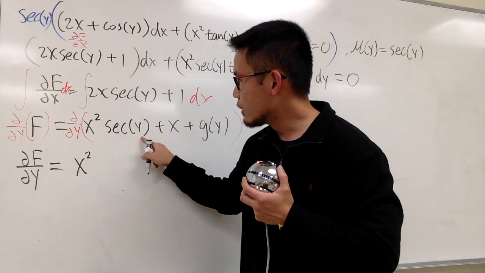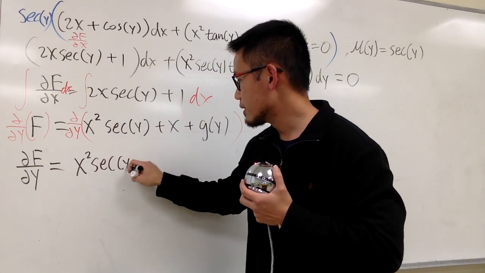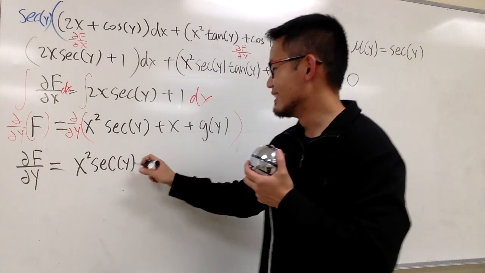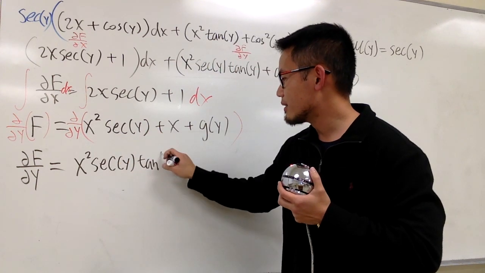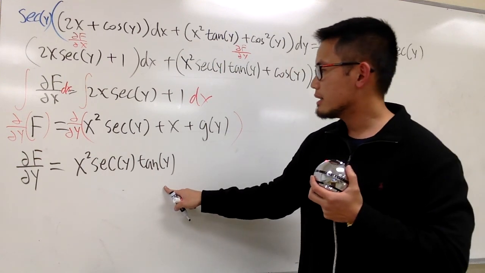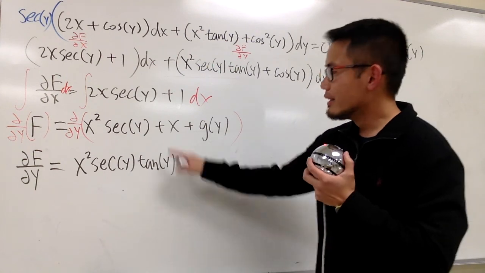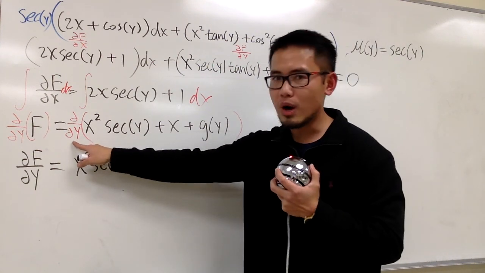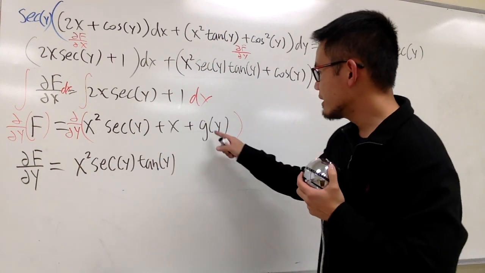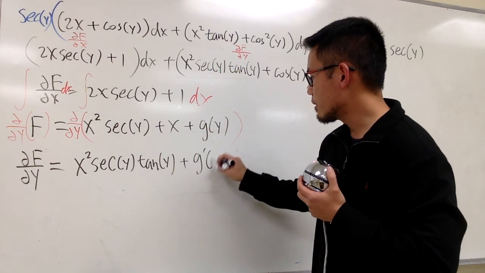The derivative of secant y with respect to y is secant y tangent y, and that's it for this term. The derivative of x with respect to y is just going to be 0, and here we have plus the derivative of this with respect to y, which is just g prime of y.